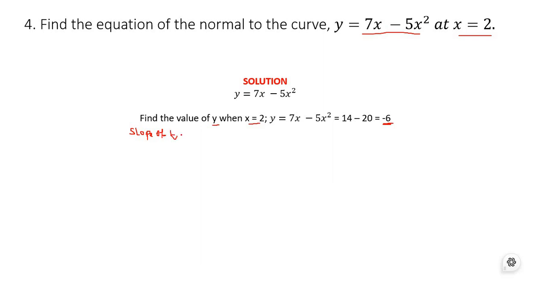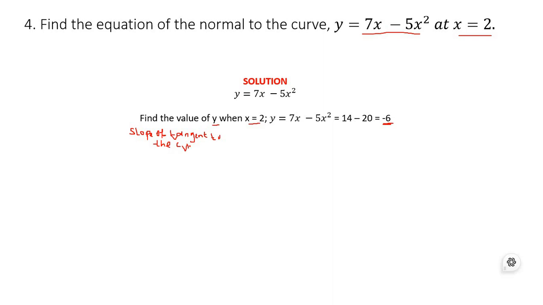A tangent is a straight line that touches the curve at a point. So find the slope of the tangent to the curve.